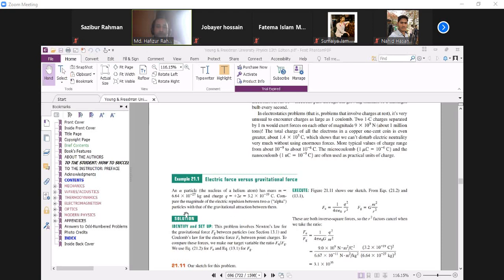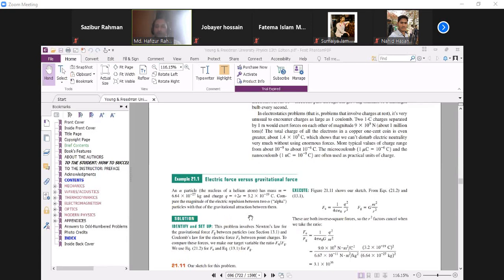Now you are asked to compare the magnitude of the electrical repulsion of two alpha particles with that of the gravitational attraction between them. So same particles, you have to find the electrical repulsion because here both are positive charges.